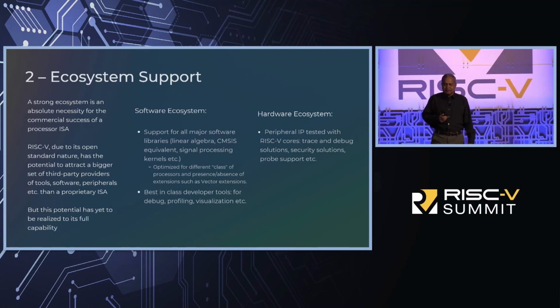So these are all the areas where we are looking to the community to help us so that we go to the next level. And then in terms of the hardware ecosystem, peripheral IP tested with the RISC-V cores, peripheral IP that is recommended and guaranteed to operate and coexist in a system.